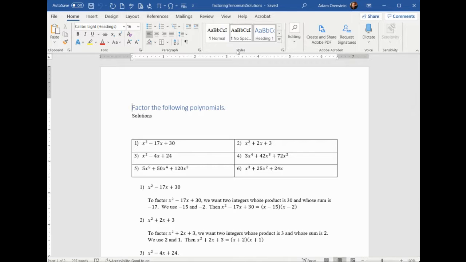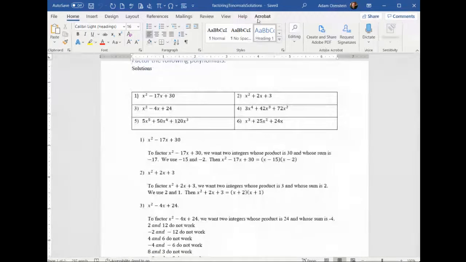Okay, so again, for the first one, we have x squared minus 17x plus 30. And again, we want two integers whose product is 30 and whose sum has to be negative 17.